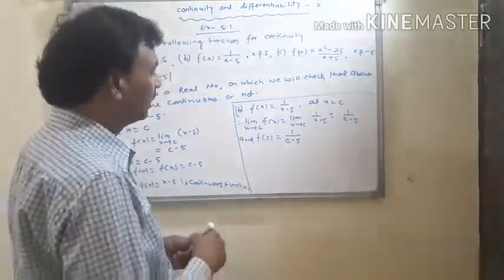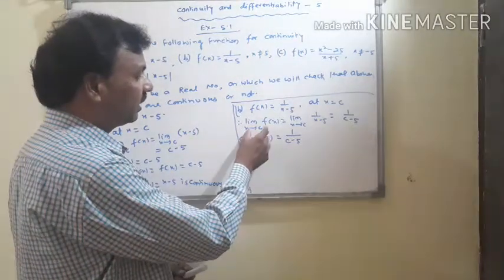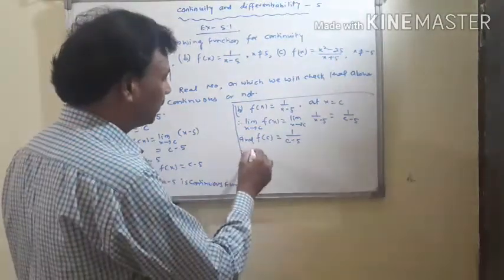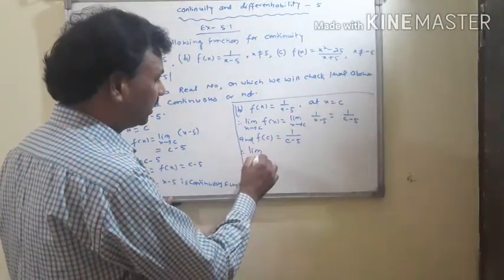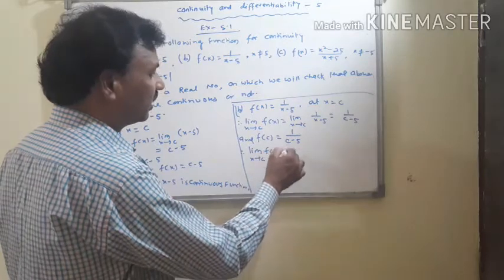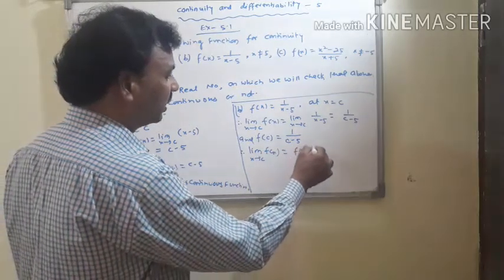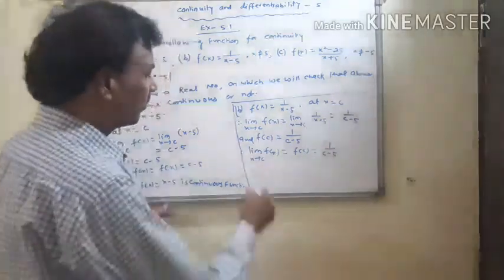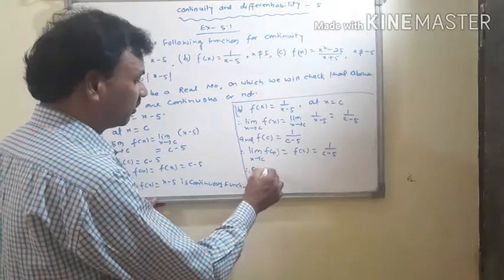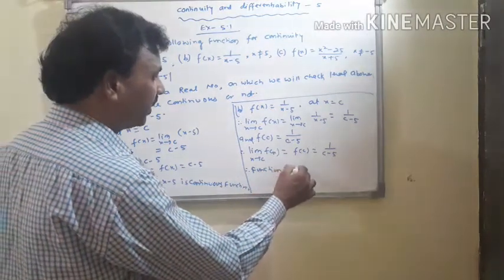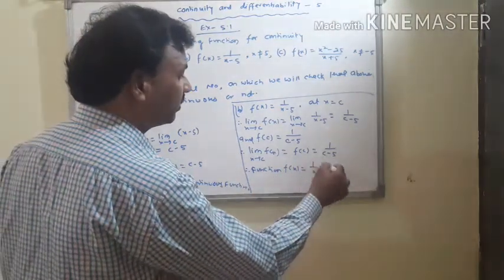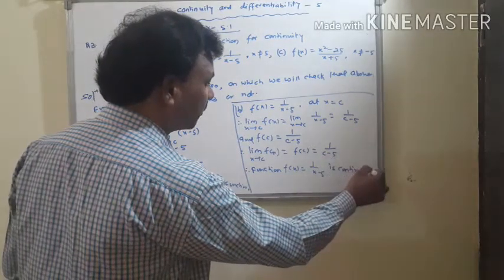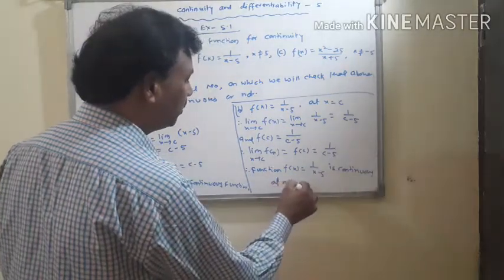It is seen here that the value of f of c and the limit as x tends to c are both the same. Therefore, limit x tends to c f of x equals f of c, which equals 1 upon c minus 5. Therefore, the function f of x equal to 1 upon x minus 5 is continuous at x equal to c.